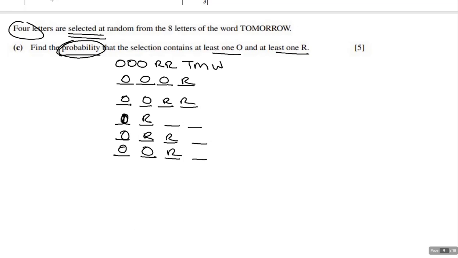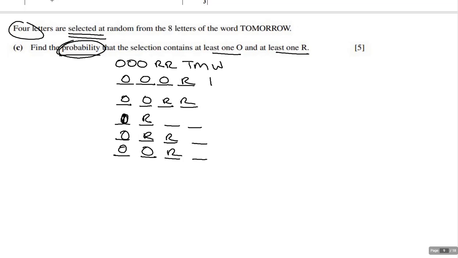Pretend that it just says, how many ways can I select 4 letters from the 8 letters of the word tomorrow if at least one is an O and one is an R? All right, in that scenario, what I'm going to say is there's one way for this to happen because I've already picked it. The O, the O, the O, and the R are all there. There's only one way for this to happen.